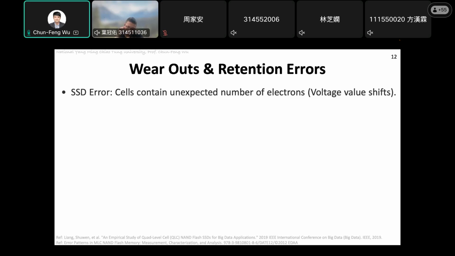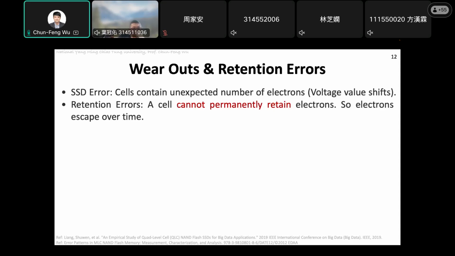But if you have 2 bits, or even 5 bits in an MLC cell, then the error matters a lot because you need to differentiate across 4 or even 32 different states. Whether you have 10 electrons or not in a certain cell matters a lot. It is hard to decide what the correct state is.